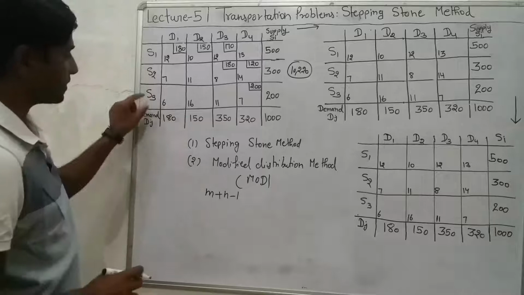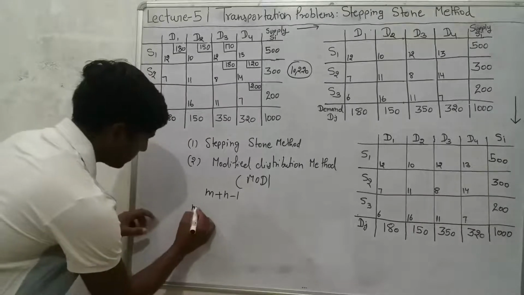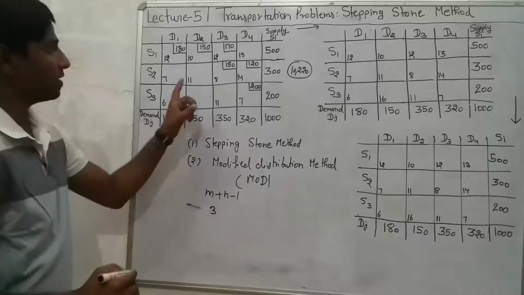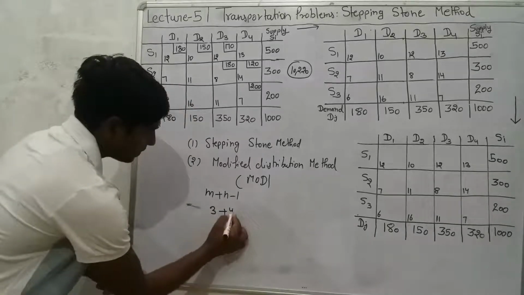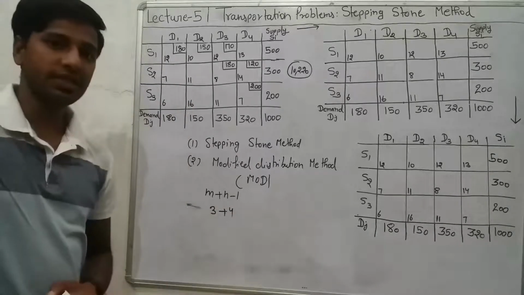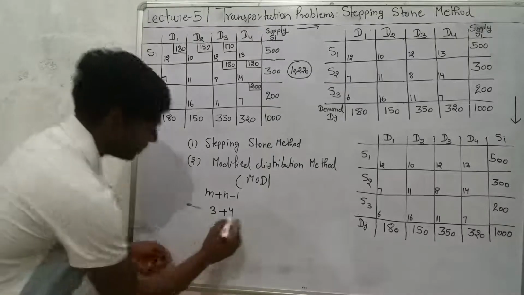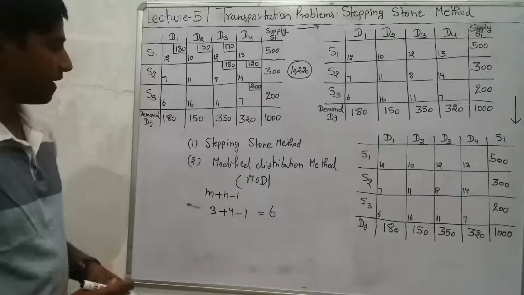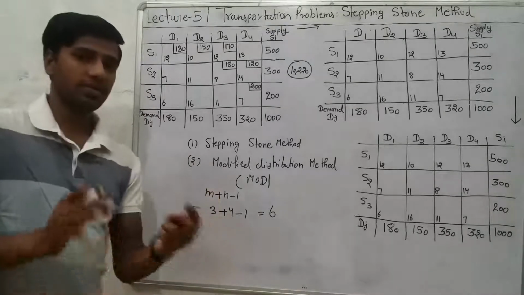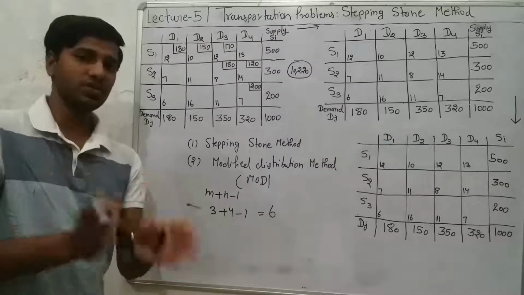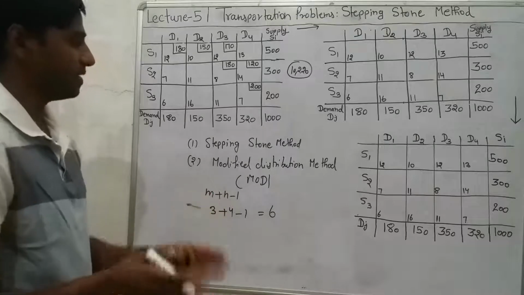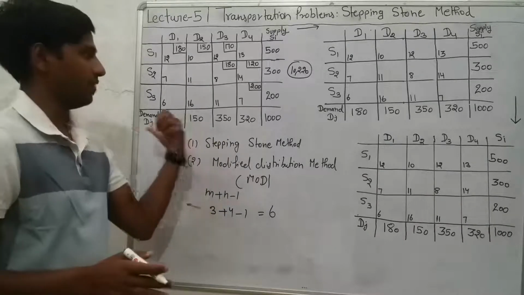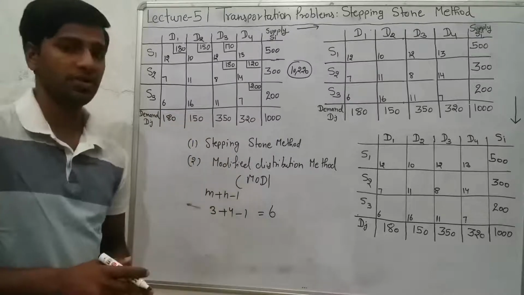The number of rows in this question is 3 and the number of columns is 4. So the number of occupied cells or basic variables should be 3 plus 4 minus 1, that is equal to 6. By using these two conditions, we can identify if we have an initial basic feasible solution or not.